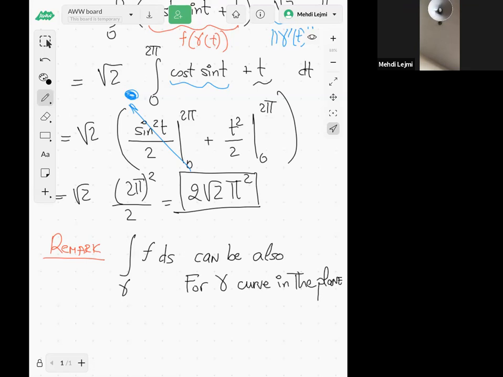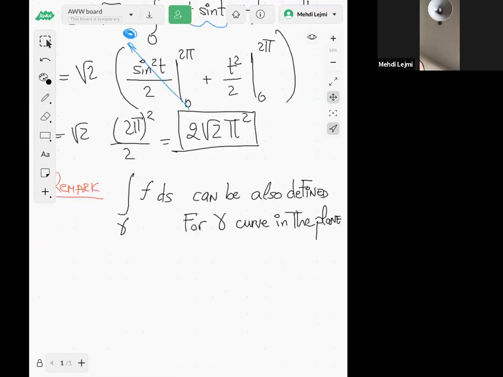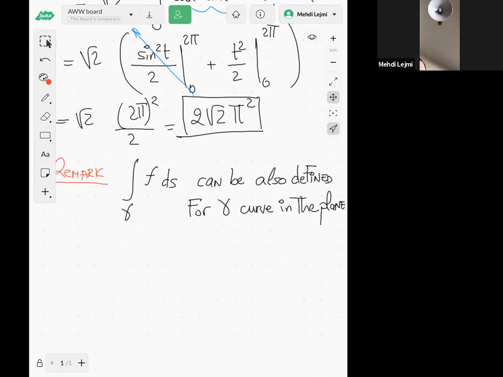So, a numerical example. Here's a quick example.